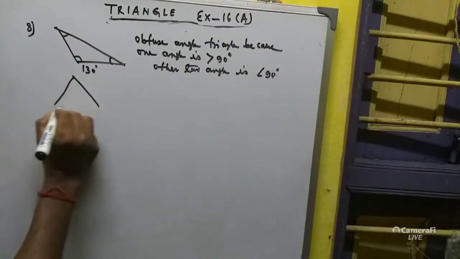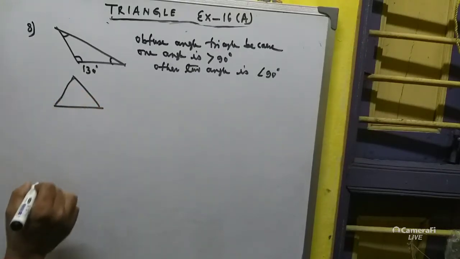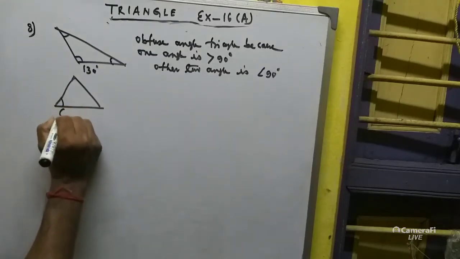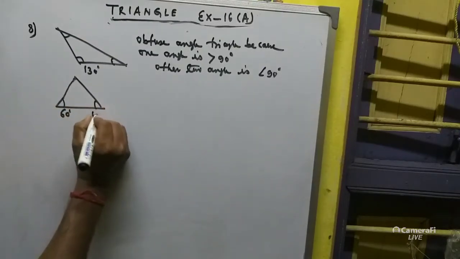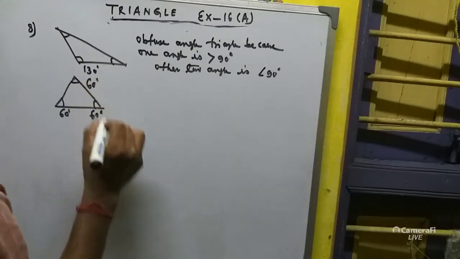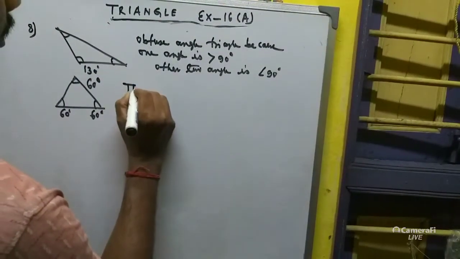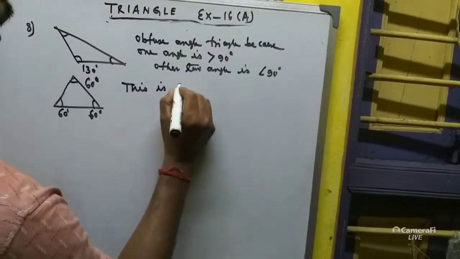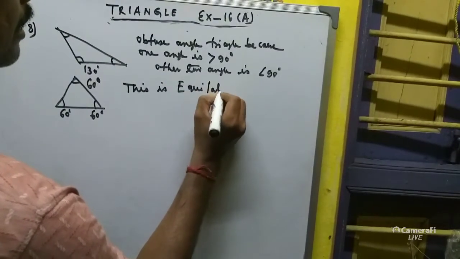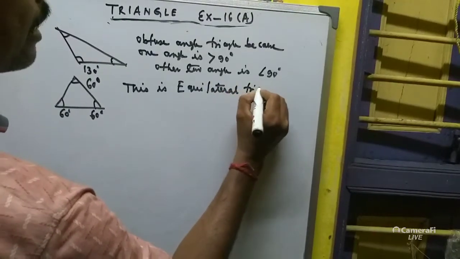Next one, what is given: 60 and 60, all 60. A very popular triangle, this one. All angles are 60 degrees, so this is an equilateral triangle.